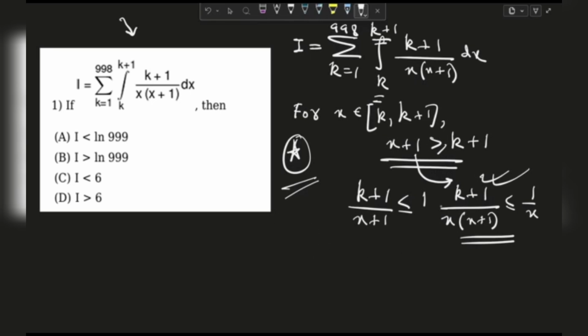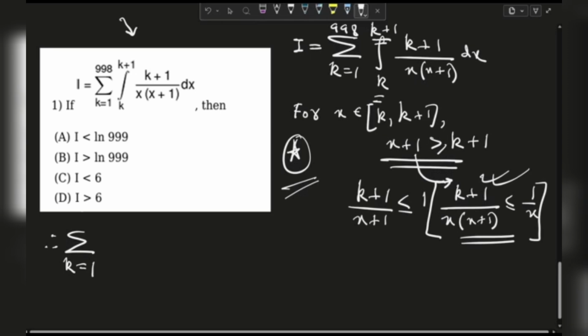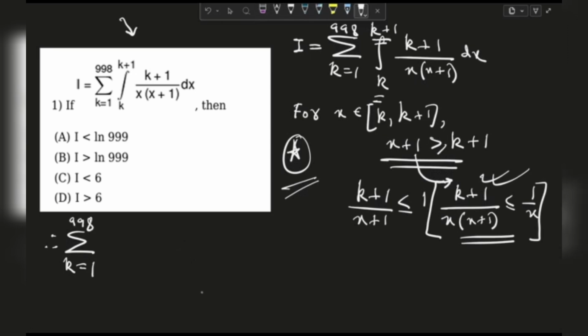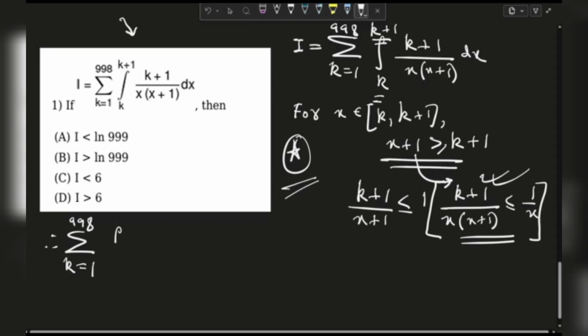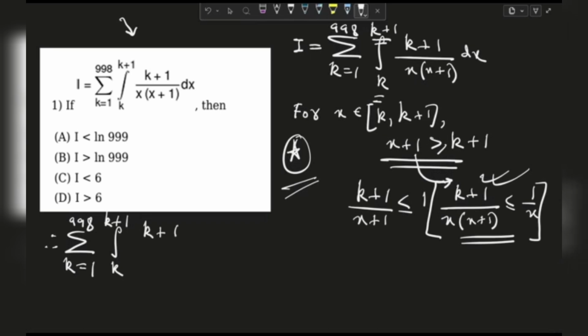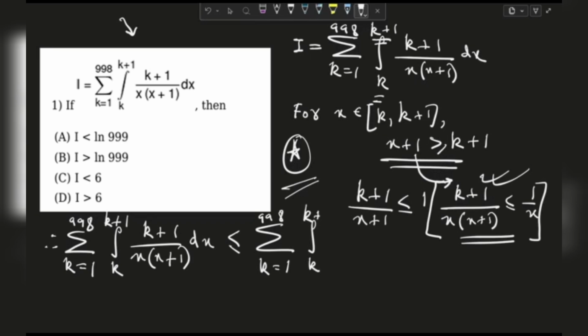So now we will punch into this particular expression our sigma and the integral given. So let's do that. Therefore we have sigma k equals to 1 to 998, integral k to k plus 1, k plus 1 whole divided by x into x plus 1 dx, less than or equal to sigma k equals to 1 to 998, integral k to k plus 1 dx by x.